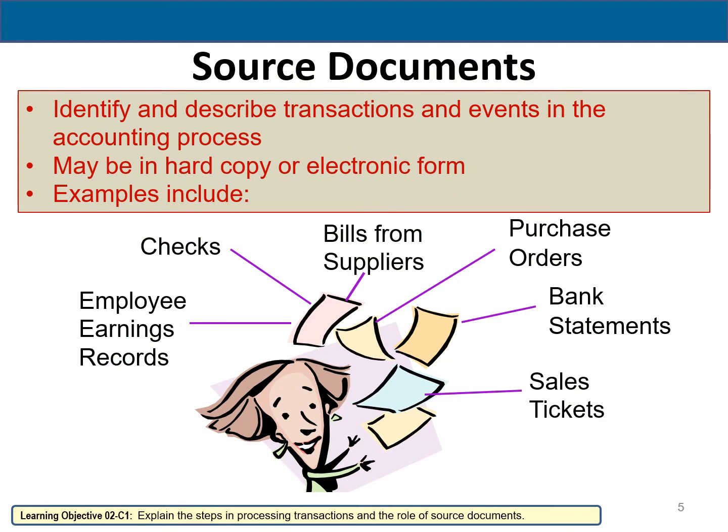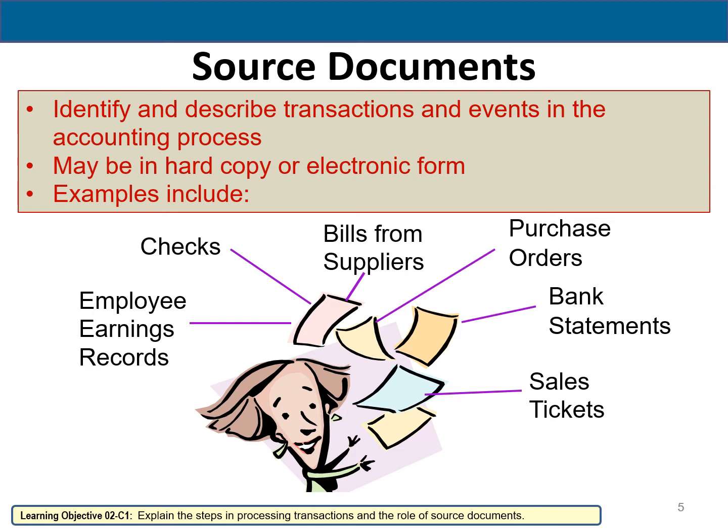So we said that accounting is the process of analyzing, recording, and reporting on the activities of a business. And the way that we do that is through source documents. What source documents tell us as accountants is information about the transactions and the events that are happening, and then we use that information to record the activity in the accounting records.